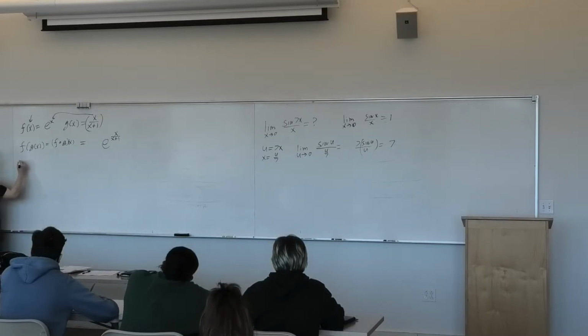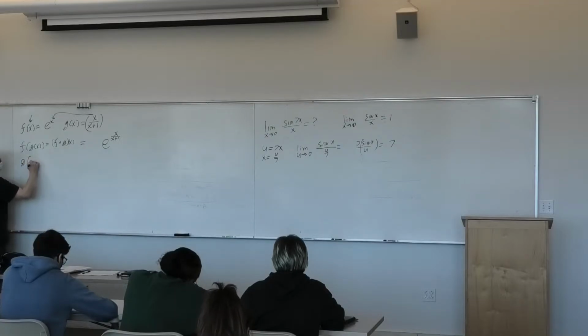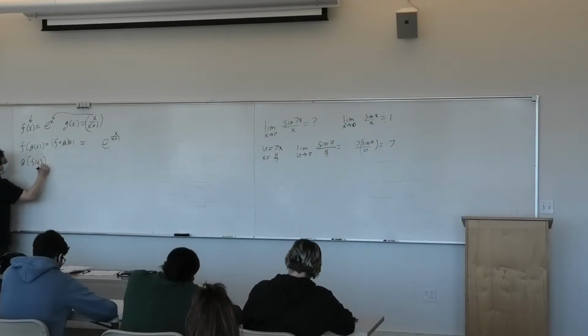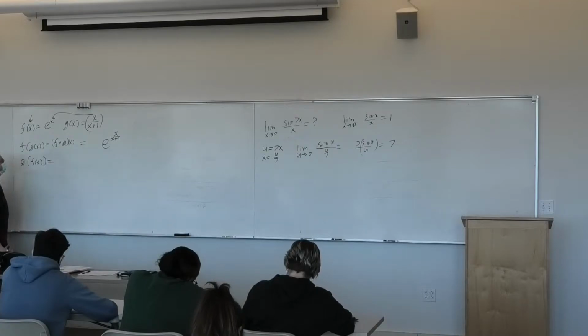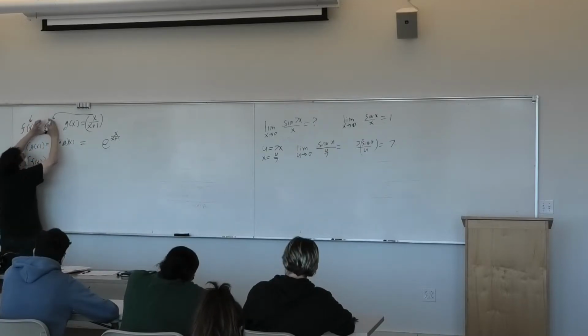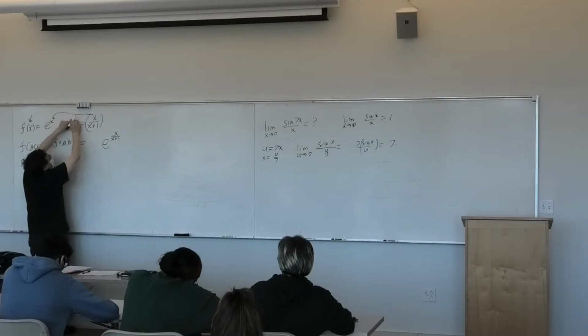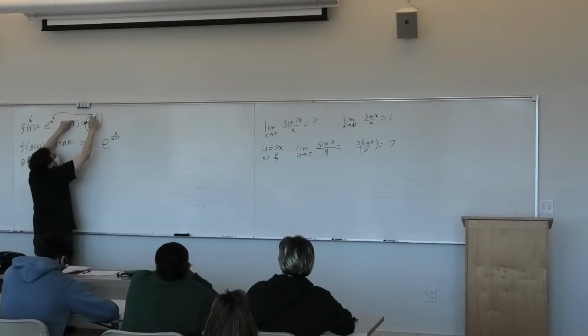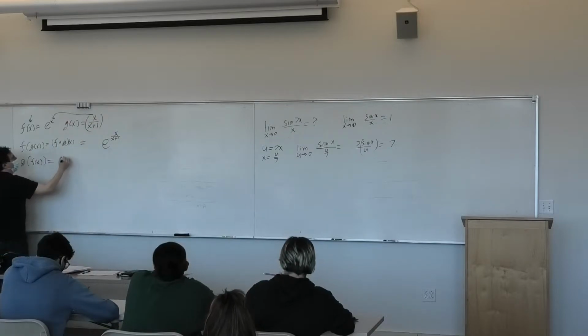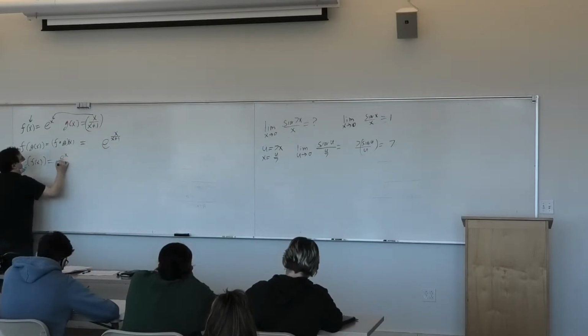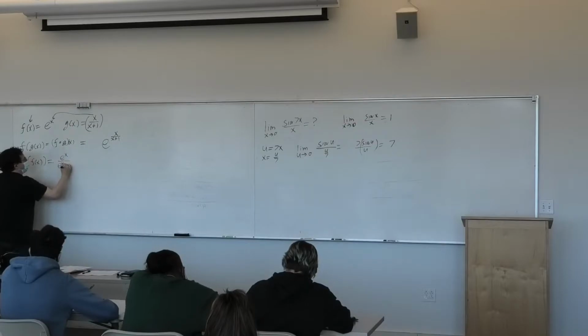Let's try the other way. Let's try g of f of x. Now I'm going to take f of x and stick it into this x, and it gets reproduced here and here. So it becomes e to the x over e to the x plus 1.